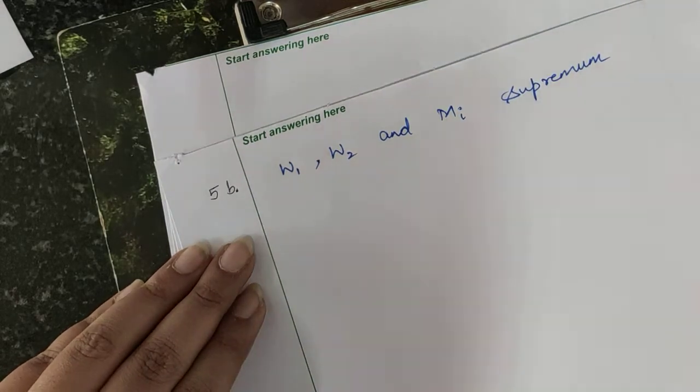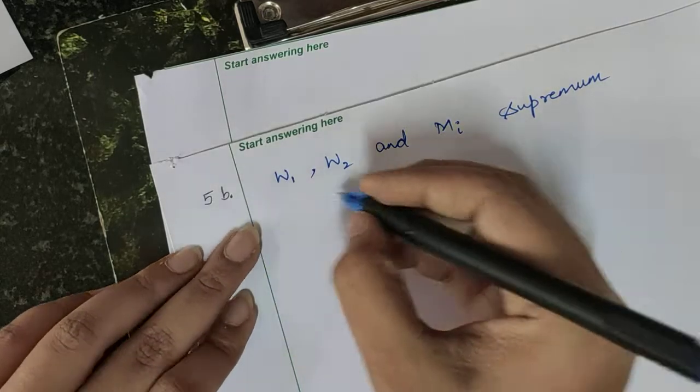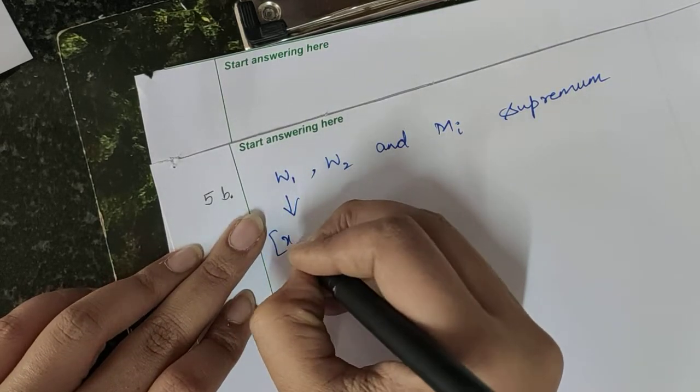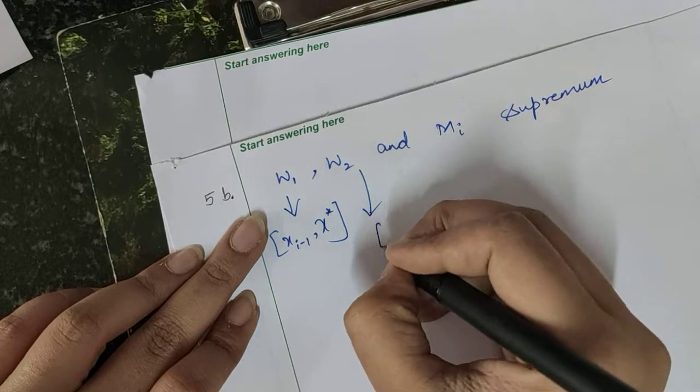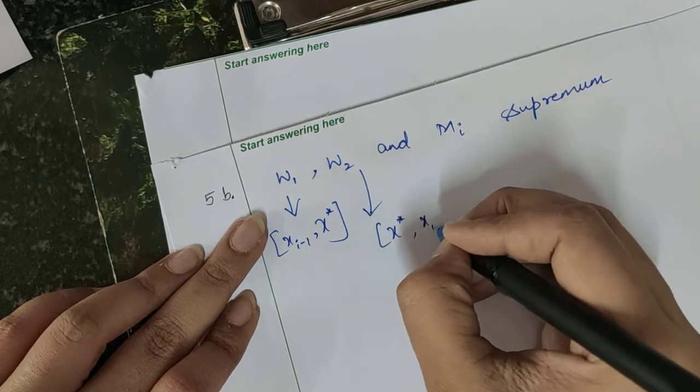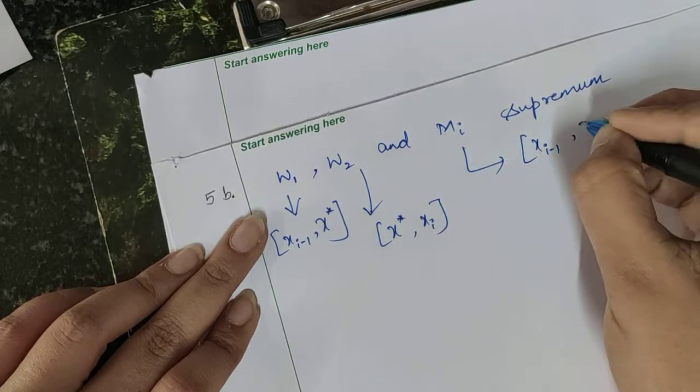I can define these supremums for the intervals. Again, you have 3 intervals here: W1 is for xi minus 1 comma x star, W2 is for x star comma xi, and Mi is for xi minus 1 comma xi.